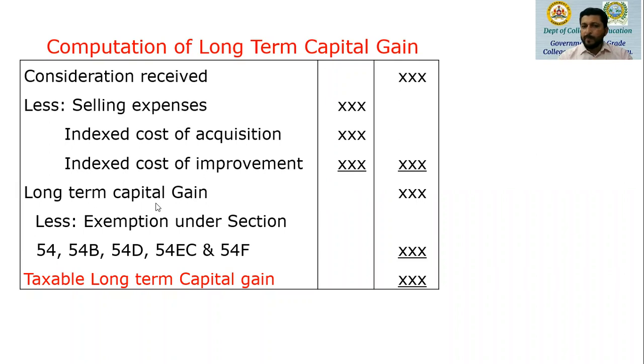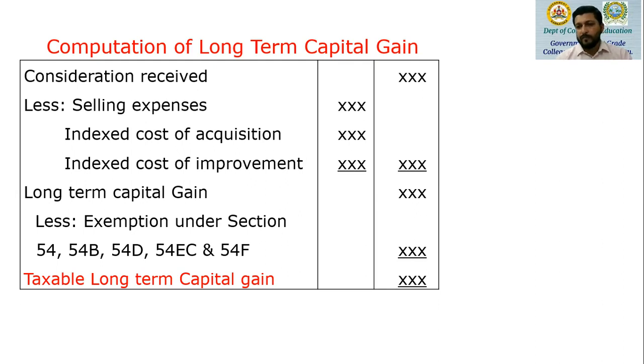And from long-term capital gain, we have exemptions under section 54, that is to deal with the transfer of a residential property. Then we have 54B, that is for a long-term capital asset as agricultural land. Then we have 54D, again industrial undertaking and assets connected. Then 54EC to do with investments in specified securities.